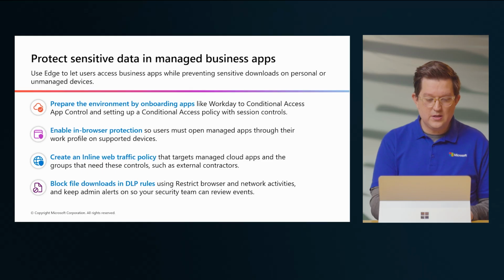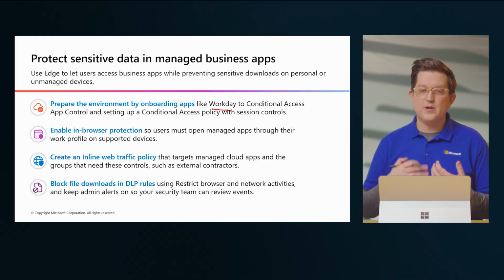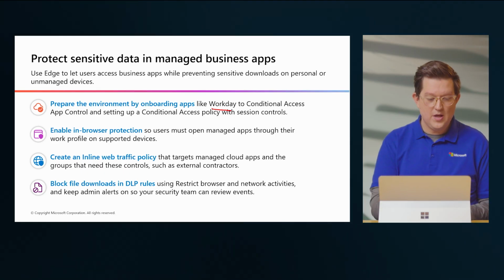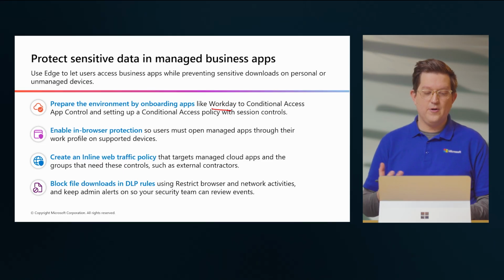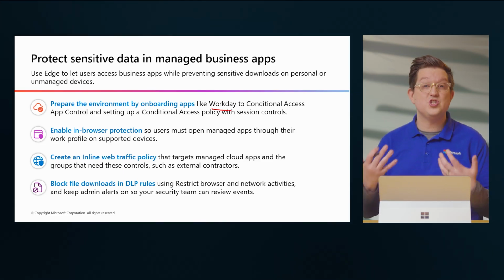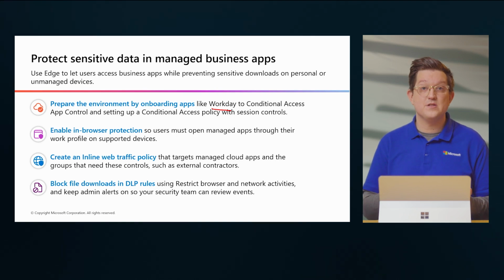So, with the ability to hook into third-party systems such as Workday, conditional access policies can now scan for, do we have in-browser protection? We have that mechanism to be able to go through on supported devices using a work profile and effectively check the traffic as it flows.